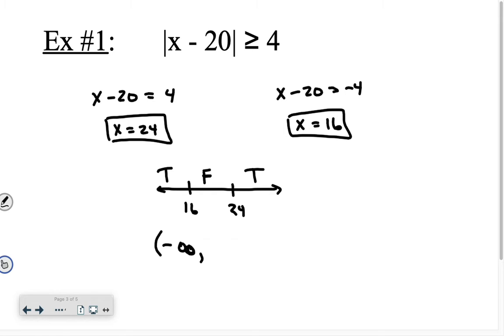That's where it switches from true statements to false. That's our critical point. Bracket or parenthesis? How do you know, Cooper? Greater than or equal to, which means if I plugged 16 in, which we did earlier, it does form a true statement. So we have to include 16. There's the bracket.